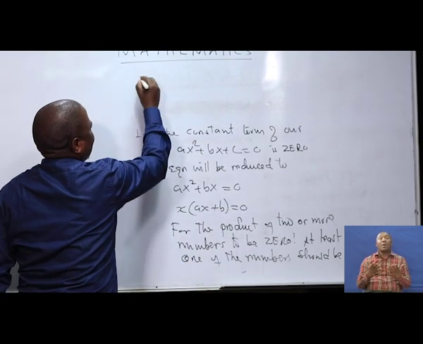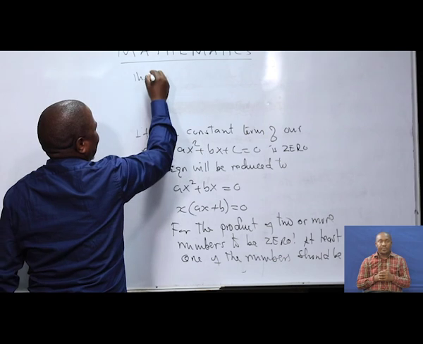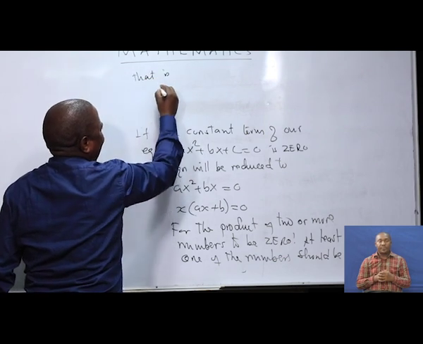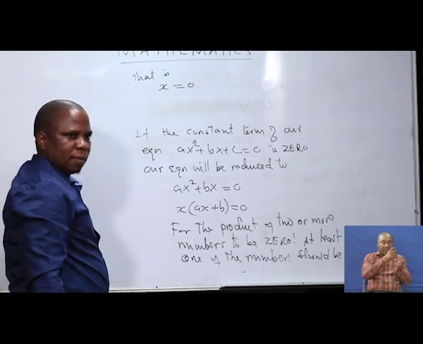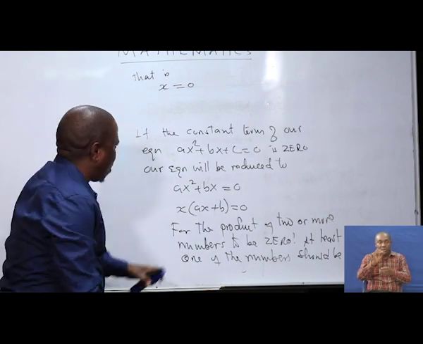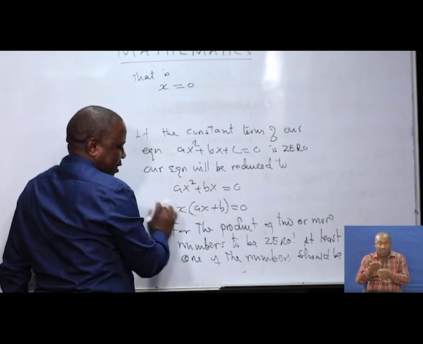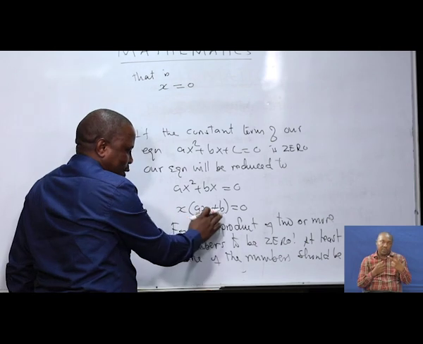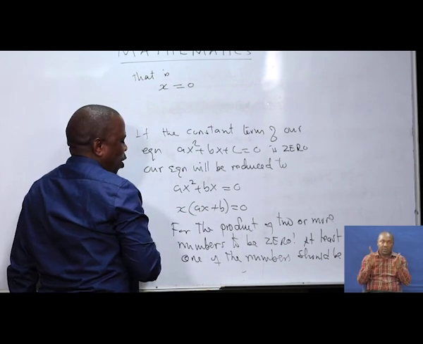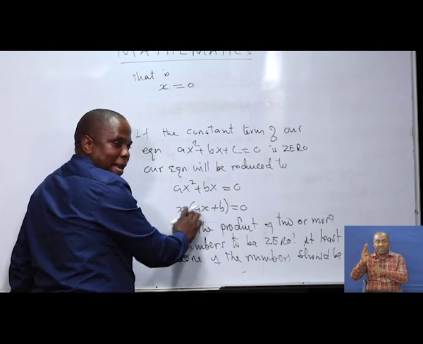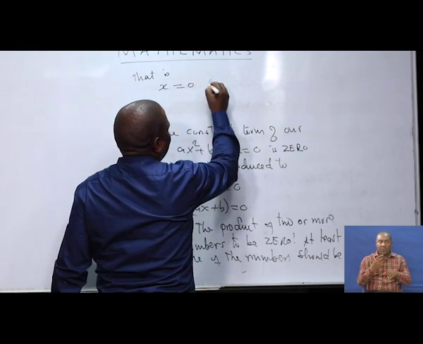That is, either x should be equal to 0, or what? There are two numbers here. We have x and we have ax plus b. Either x is equal to 0 or ax plus b is equal to 0.